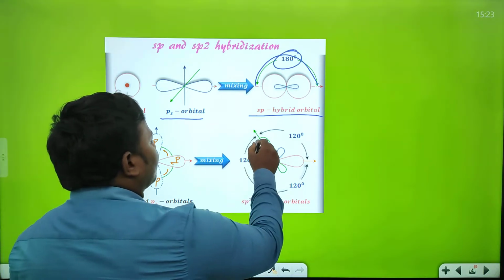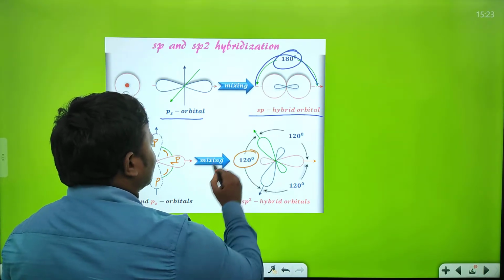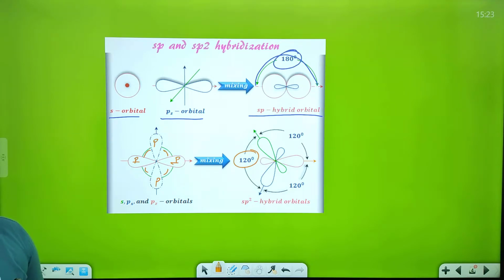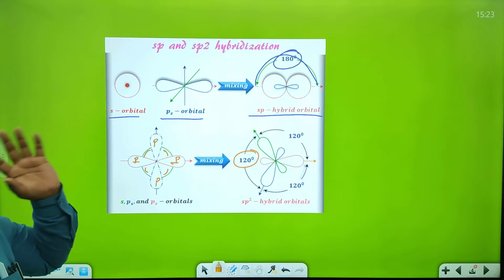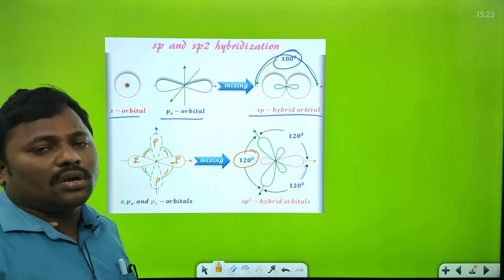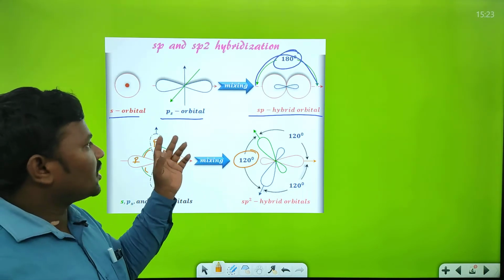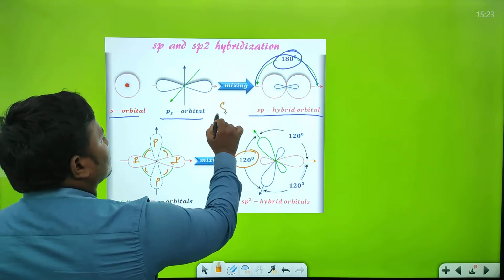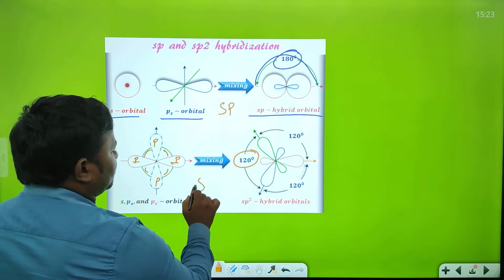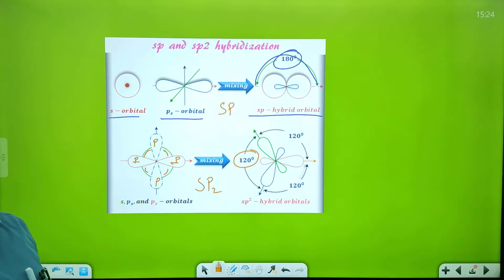Here the bond angle between any two orbitals is 120 degrees. Simply, this is the intermixing of atomic orbitals to form new hybrid orbitals, which we call hybridization. That hybridization is sp and sp2. Is it right? So these hybridizations we have to see.